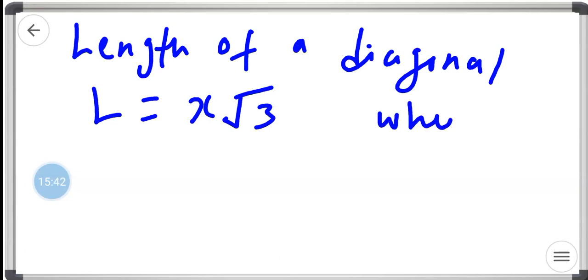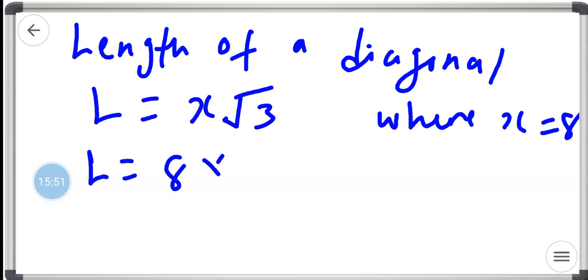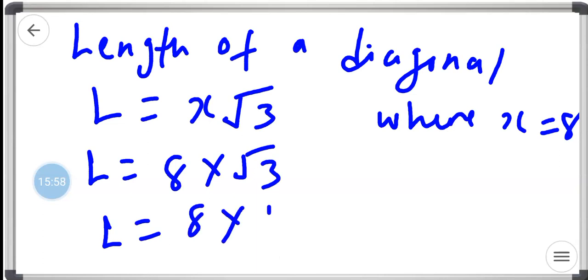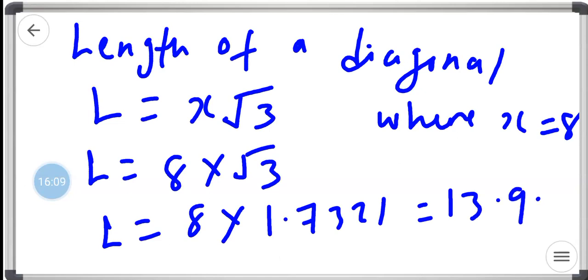So L equals 8 multiplied by root 3. Root 3 is 1.7321 as a decimal, so if you multiply, you get 13.9 centimeters. That's the length of the diagonal, 13.9 centimeters.